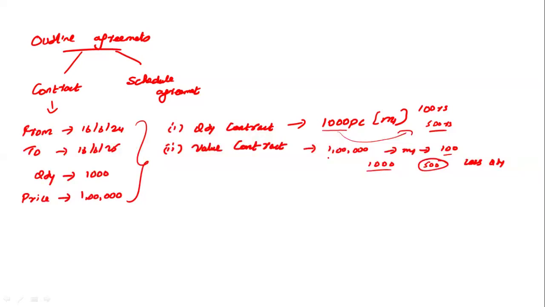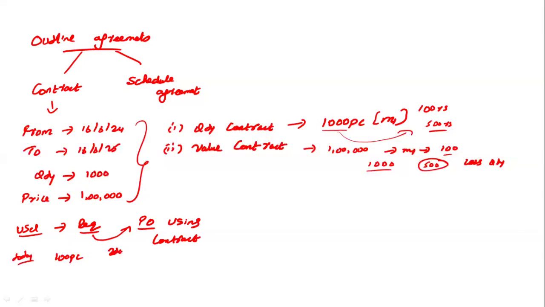Once the contract is created, whenever the user has a requirement, he will convert the purchase requisition into a purchase order using the contract. For example, you have a requirement from business. They're saying that today you need 100 pieces.